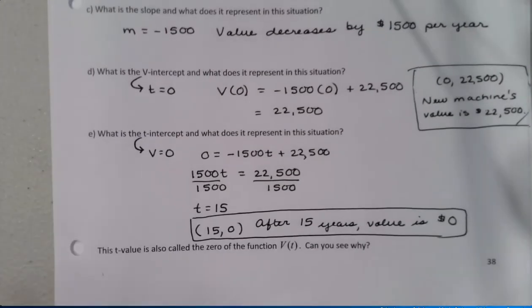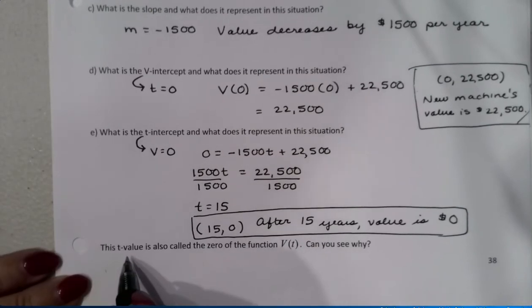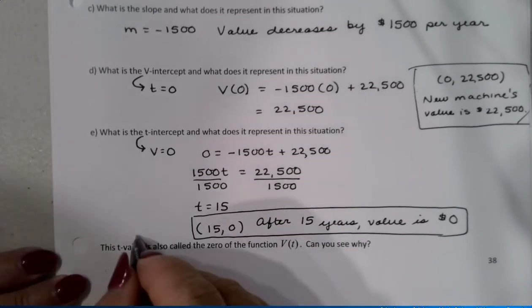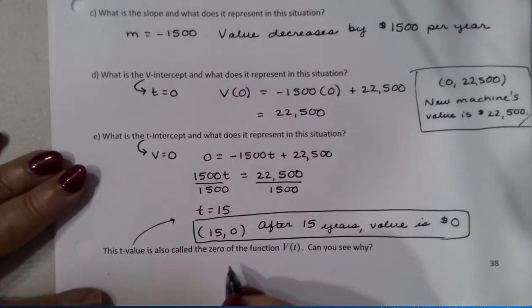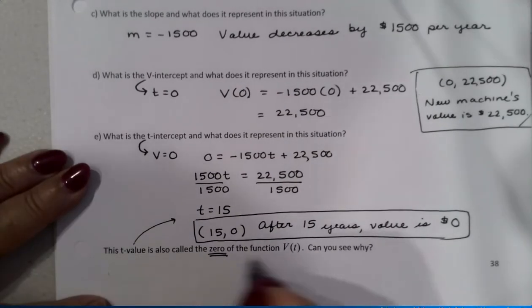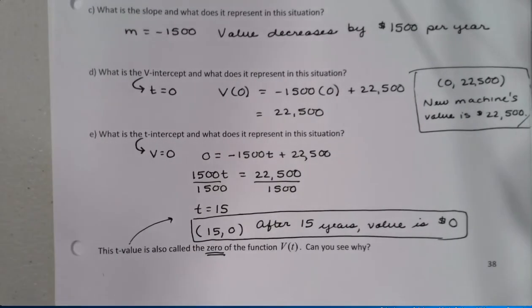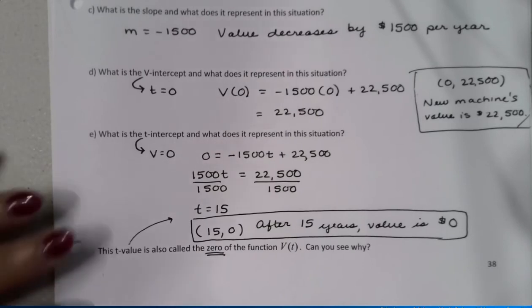Just a little bit more about that t-intercept. That t value, that 15, has another name. It's also called the zero of the function v of t. And the reason for that is it literally makes the function equal 0.